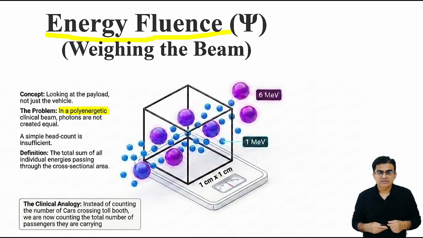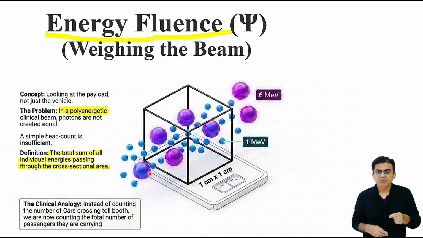Energy fluence takes the total number of photons passing through our specific cross-sectional area. But instead of just counting them, it adds up the total sum of all their individual energies.